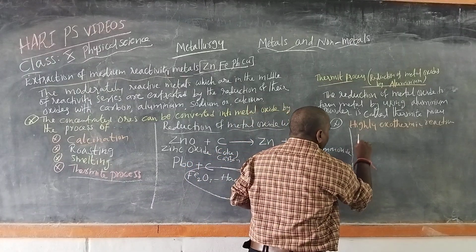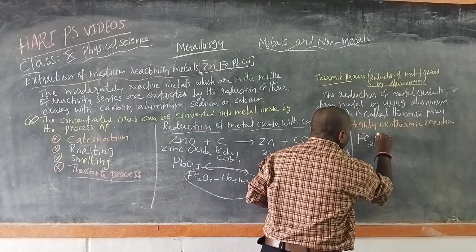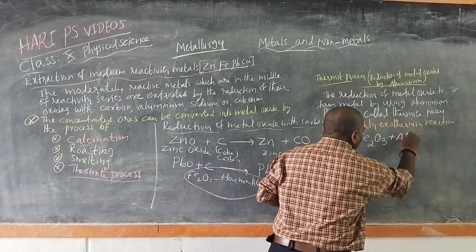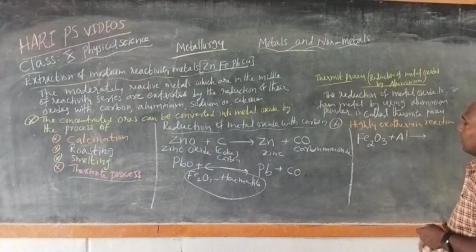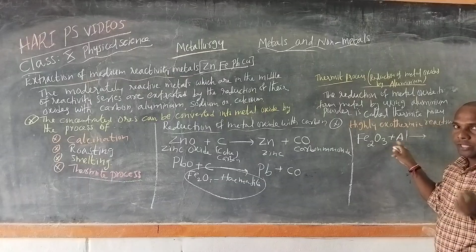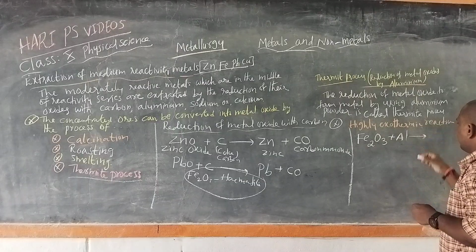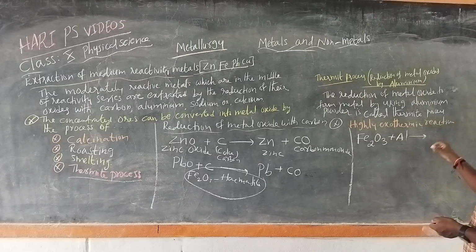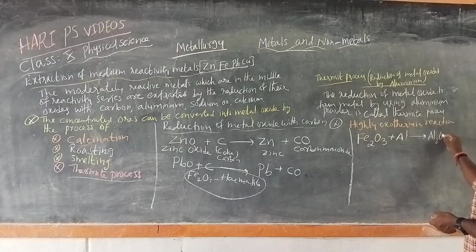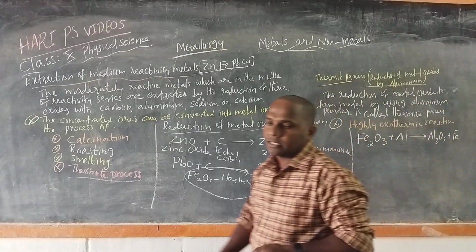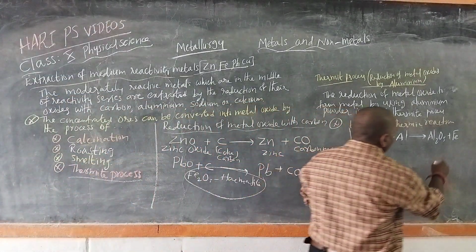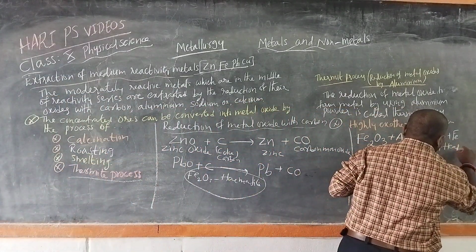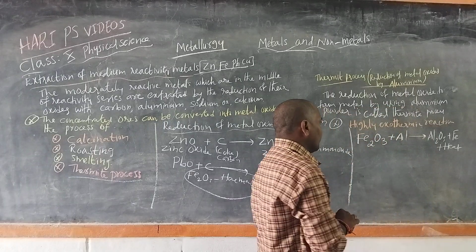Fe2O3 plus aluminum. As we know, aluminum is more reactive than iron. We get Al2O3 plus iron, and a huge amount of heat energy is also released.